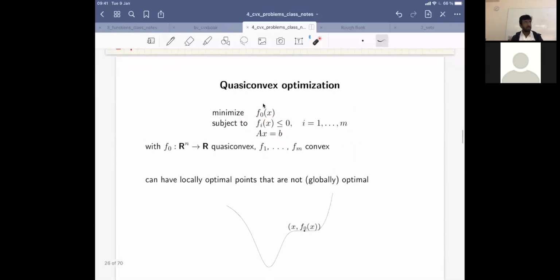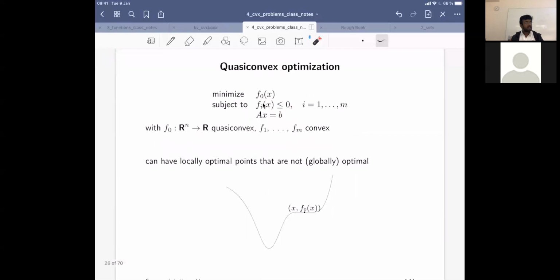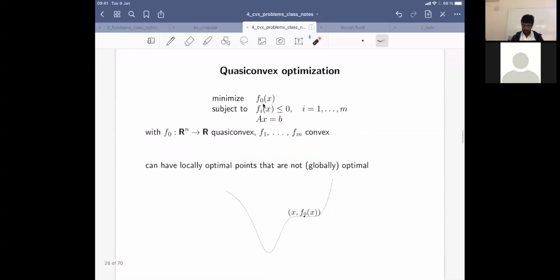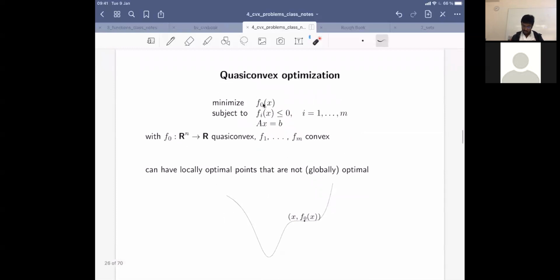The difference from a convex optimization problem is that a quasi-convex function can have local minima which are not global minima. Here you can see that this point is a global minima, and here you have a local minima which is not the global minima. Why is this a local minima?